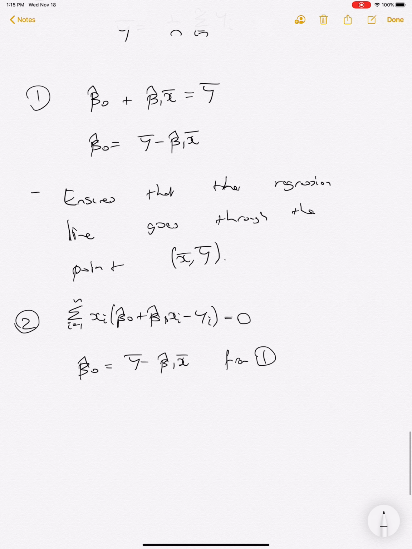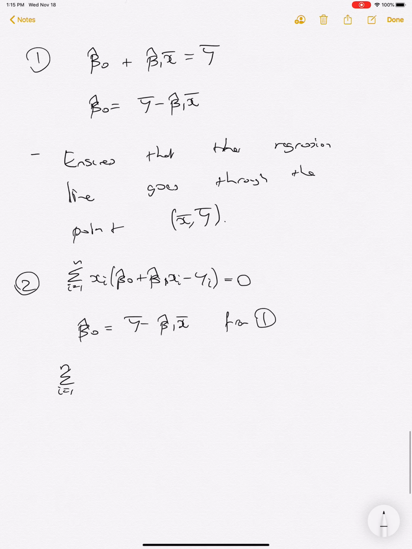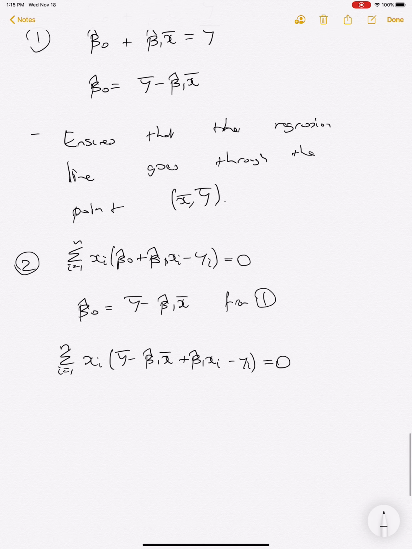Okay, and so that means we can plug that in and we will get an equation just in terms of beta hat 1. So that is equal to 0.